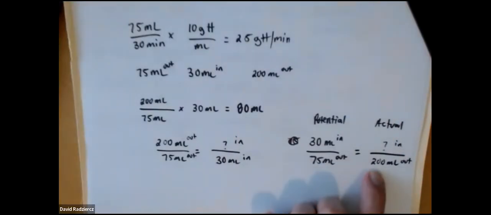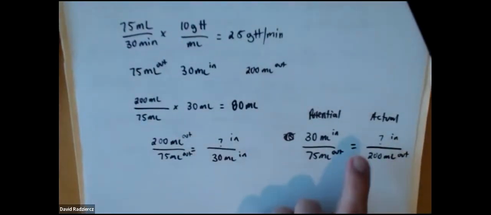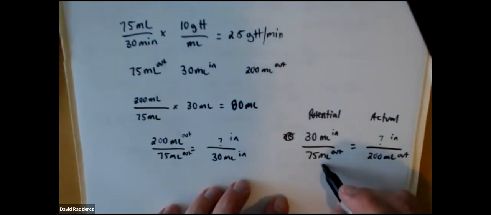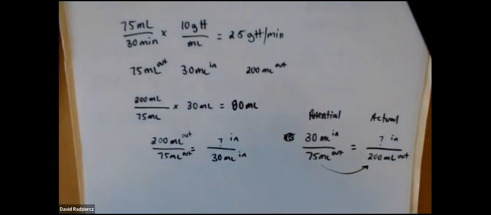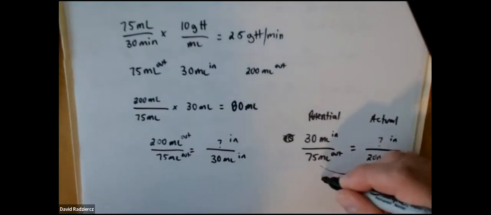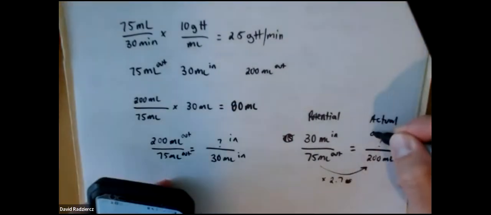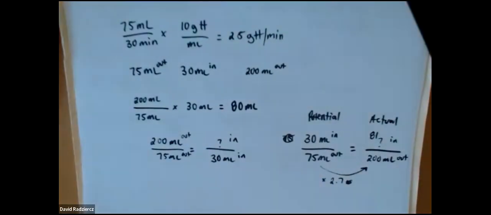My actual output was 200, and we're trying to calculate the actual input. You figure out how many times 75 goes into 200. That number is not exactly equal, but 200 divided by 75 gives me about 2.7. If I multiply 30 times 2.7, I get 81, which is close enough.